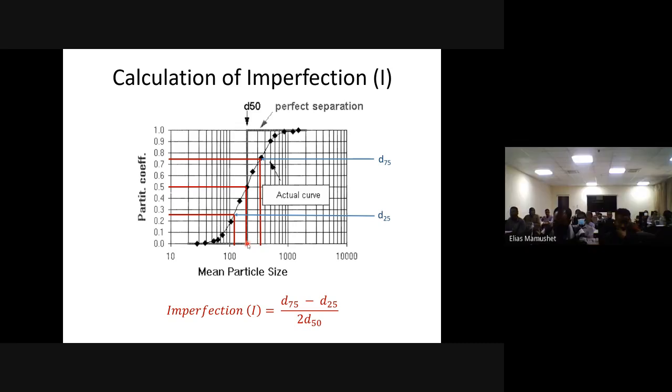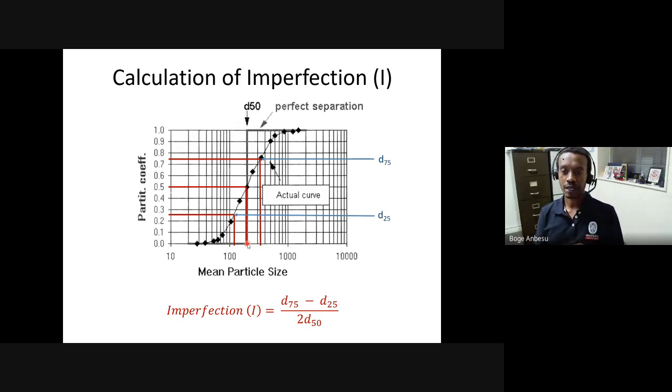How about particles that are exactly 100 millimeters? What this theory says is they have an equal chance to go to either the coarse fraction or the fine fraction. That's why 100 millimeters is my separation size.